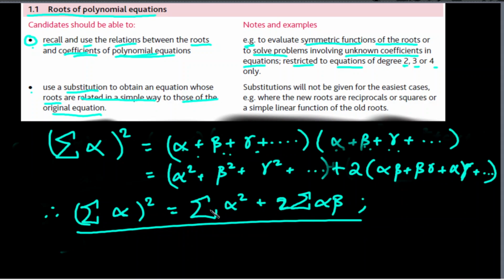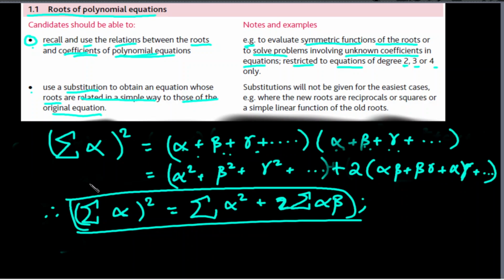You could imagine it for quadratics. You have alpha plus beta whole squared, so you just apply a squared plus b squared plus 2ab, which is the same thing as what this is saying. So this is what you need to know. Please remember this.